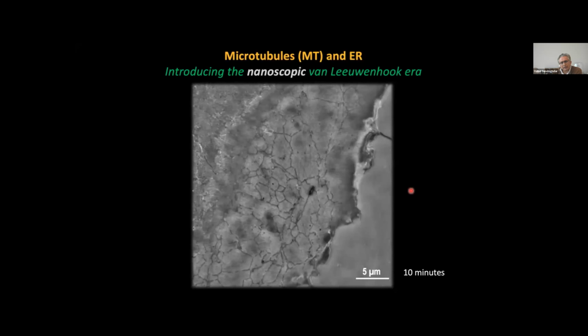So one of the things that I would like to discuss is detecting the endoplasmic reticulum and microtubule in a label-free fashion. So in this picture, before I run the movie, I'll just tell you already that the darker tubules, or the darker lines, are the ER, but you also recognize weaker, fainter ones, and those happen to be microtubules, and I will show you why we're sure of that.